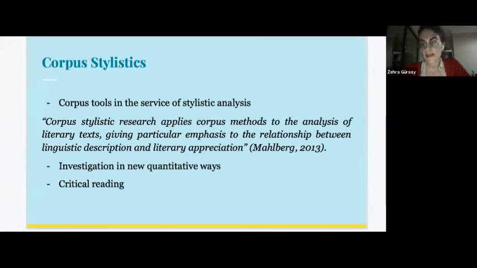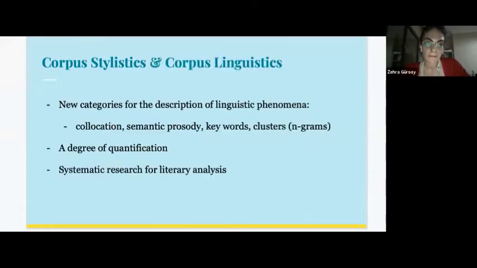In the corpus stylistic approach, the linguistic description can take innovative forms through the corpus methods that make it possible to investigate linguistic phenomena in new and quantitative ways. And in addition, it takes critical reading of a literary text to another dimension by presenting more organized data with comparable referential patterns.